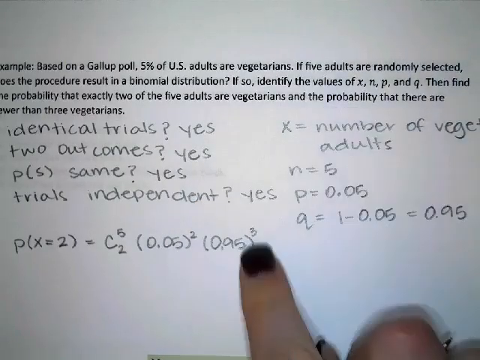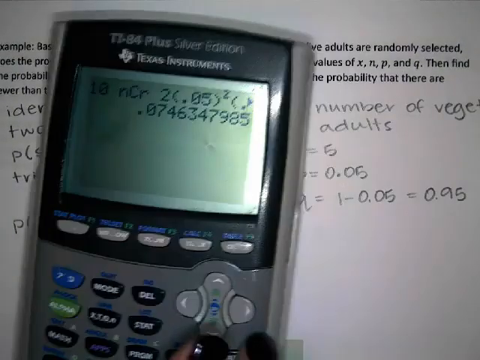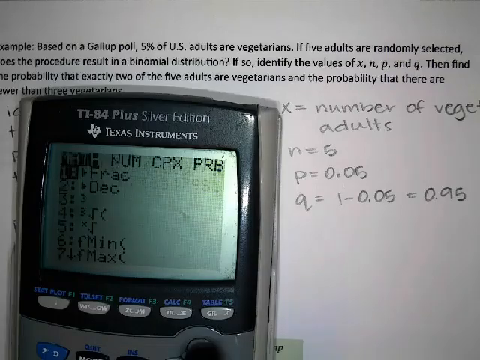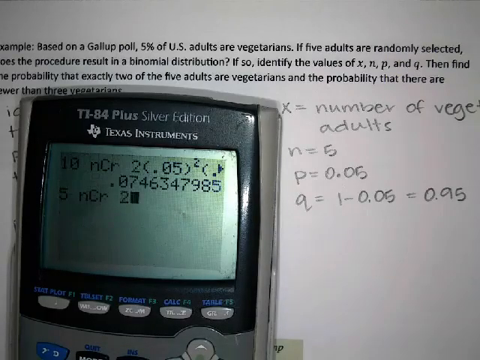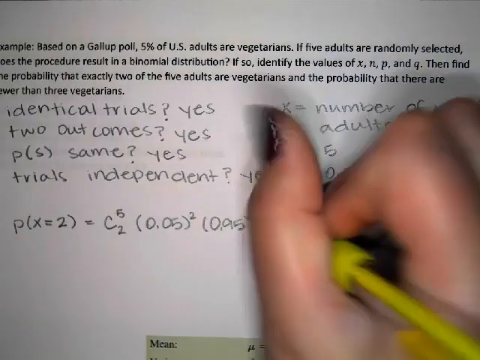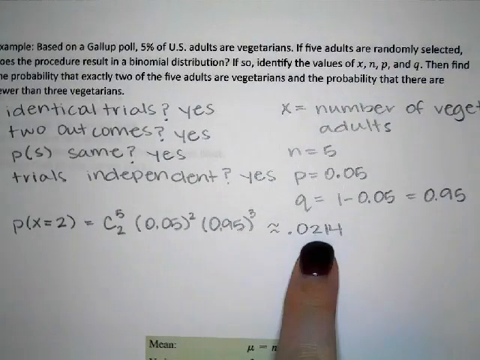And we just have to plug this into our calculator. So we're going to do 5, hit the math button, times 0.05 to the 2, times 0.95 to the 3, so 0.0214. Okay, so there's a 0.0214 probability that if you chose 5 randomly selected adults, exactly 2 of them would be vegetarian out of the 5.